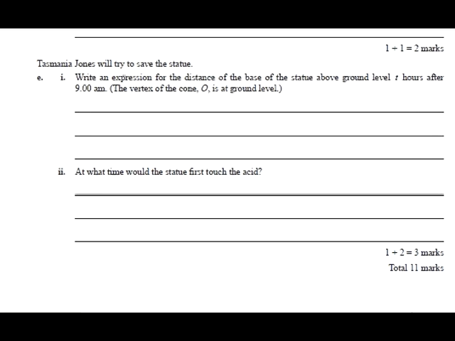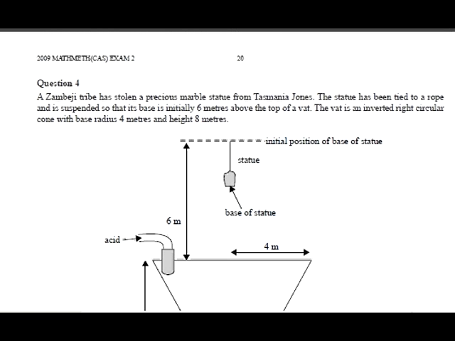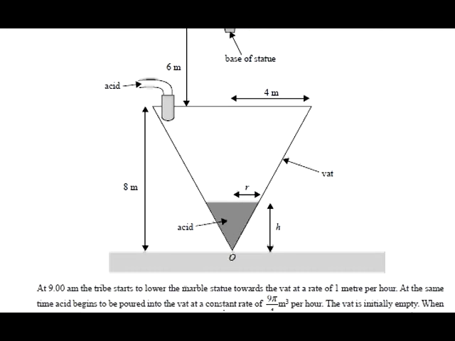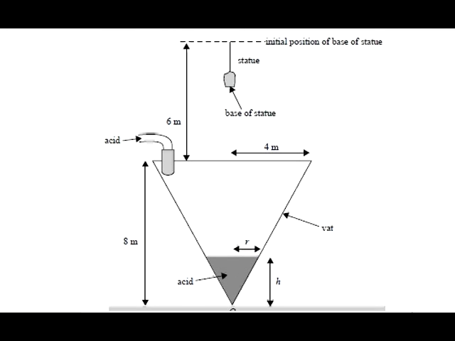A smart thing to do would be to have a look at what's going on with this statue. Notice that initially in the diagram, the initial position is right up the top. Initially the statue is 6 meters above the top of the vat. The vat is 8 meters deep.